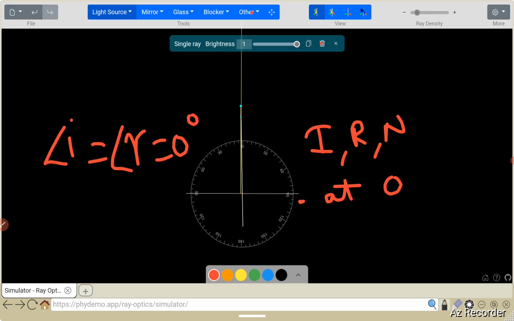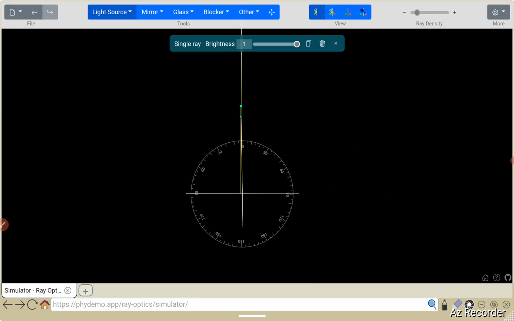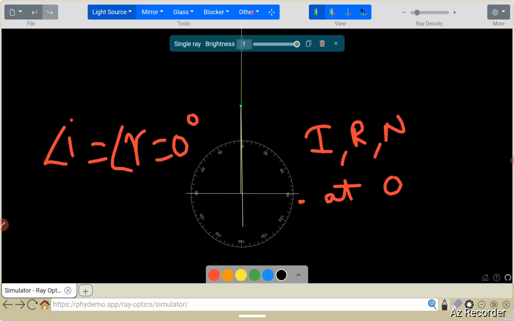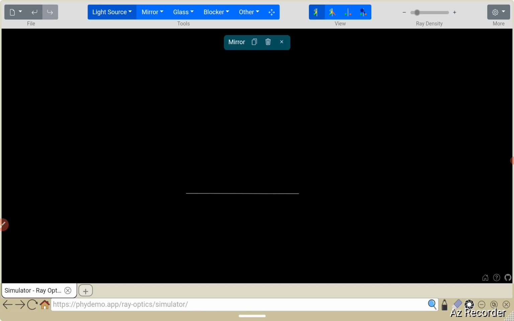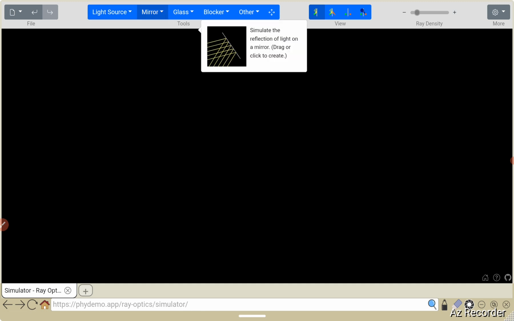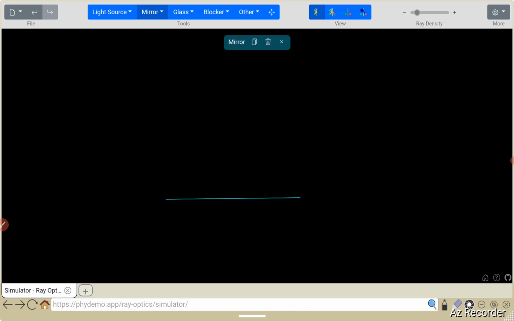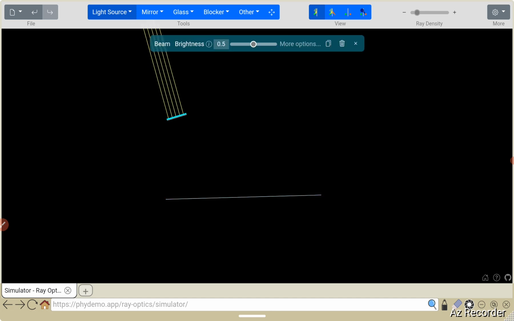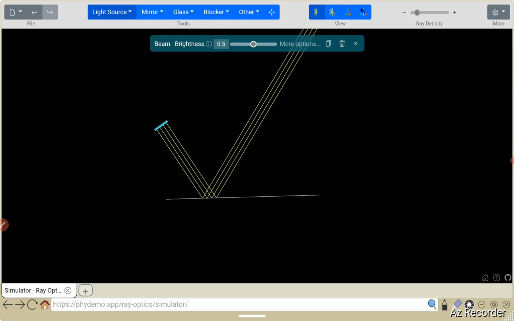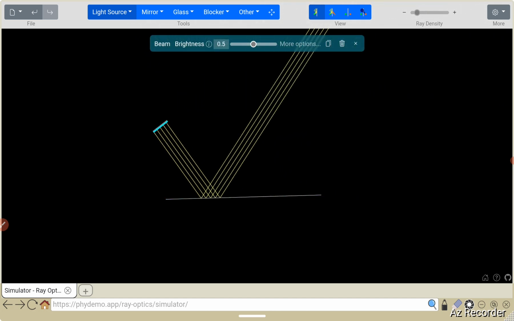Now we will see what happens when we have regular reflection. Okay. Understood? When we have regular reflection, what happens we will say. For regular reflection also I am taking a mirror segment and I will take the parallel beam of light now directly. Now let me take the parallel beam of light. Okay.